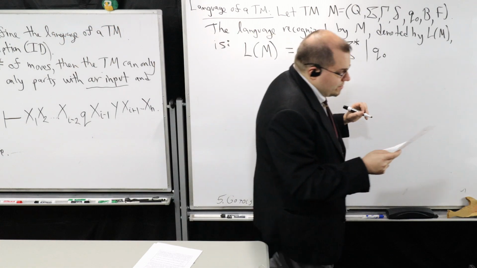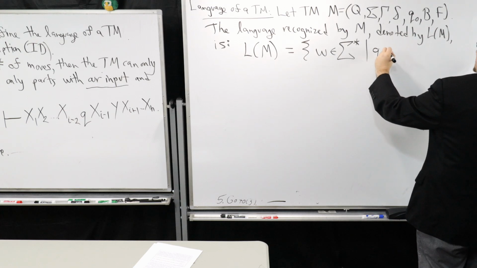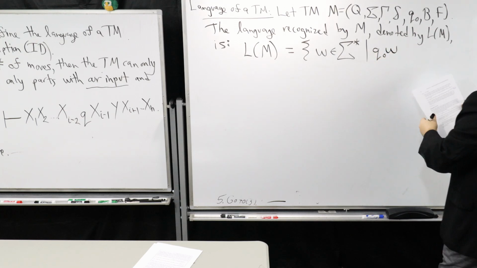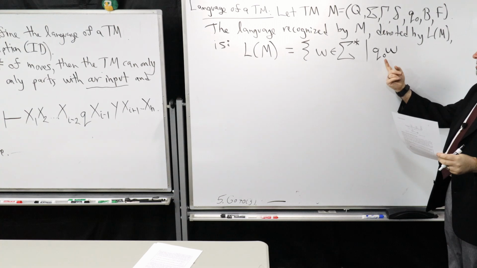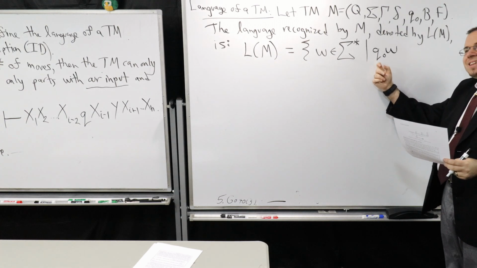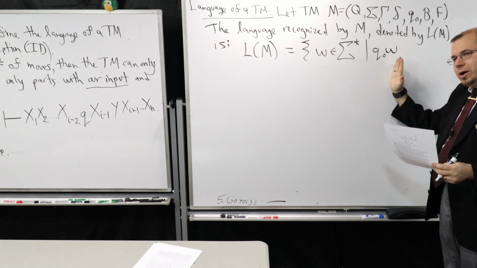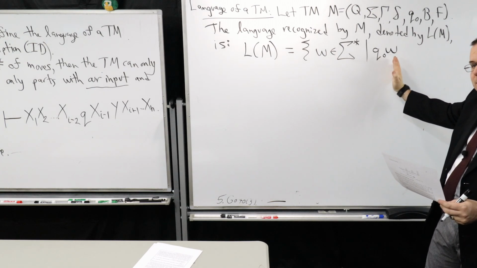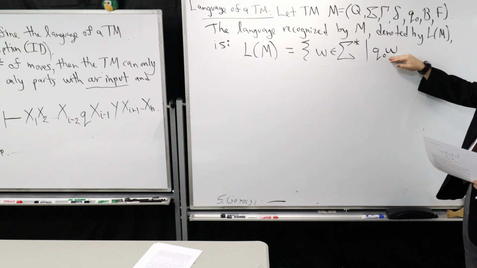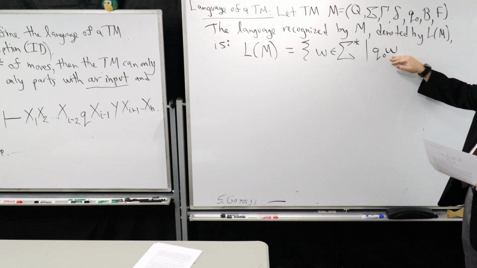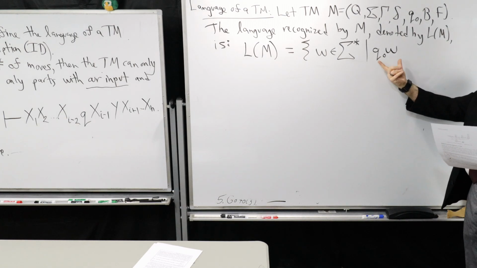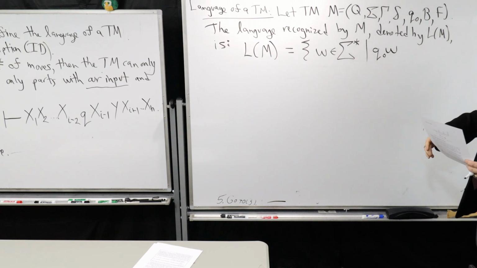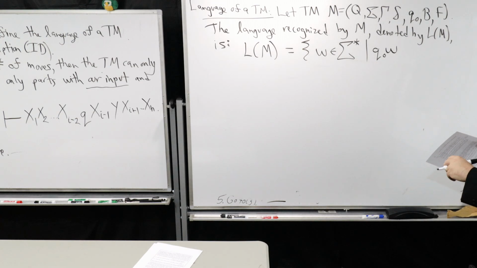When I describe this in terms of an instantaneous description, I always write the state of the machine to the left of where the head is. But the whole input is sitting right here. So this is the initial configuration of the Turing machine. Does everybody see that?